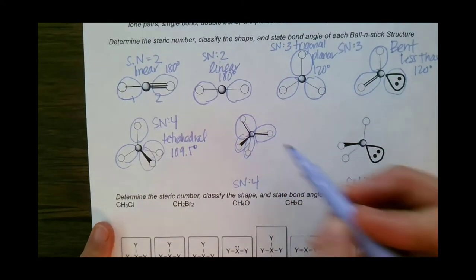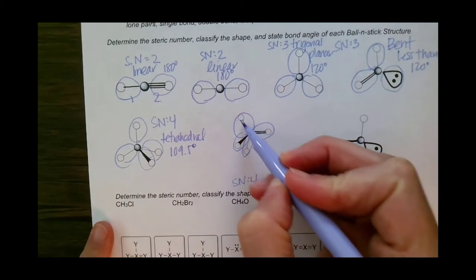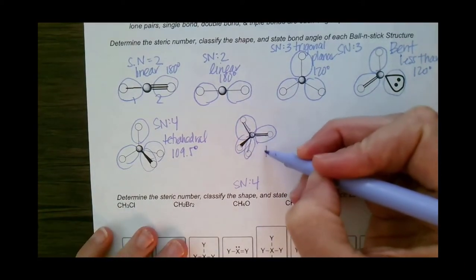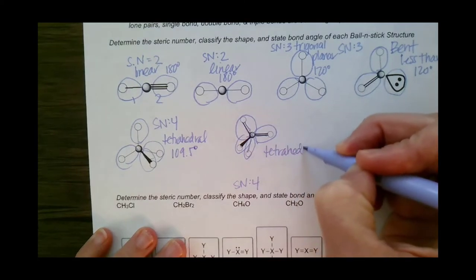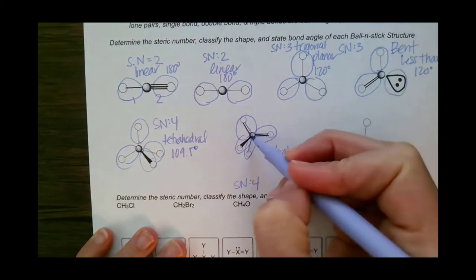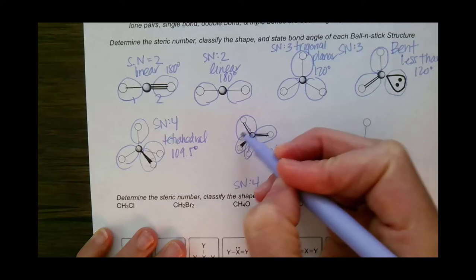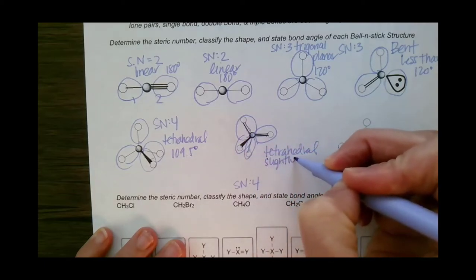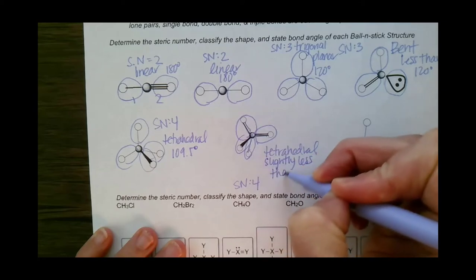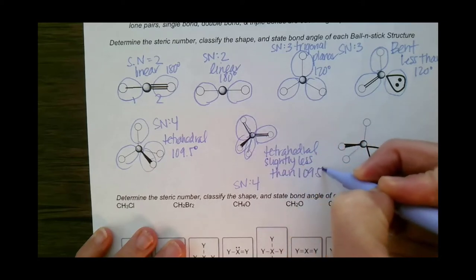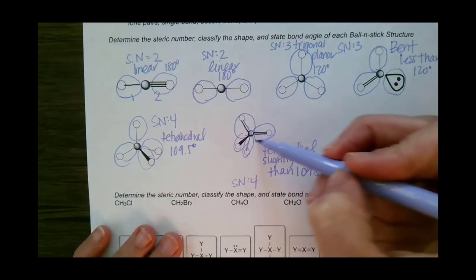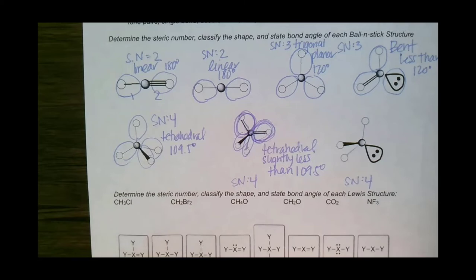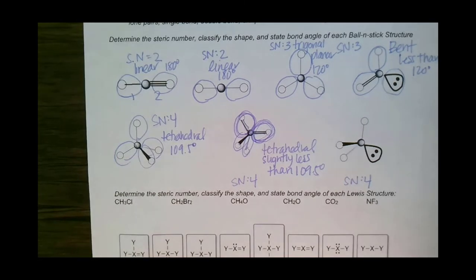Here I've got 4, but notice up here I've got double bonds. These 2 are single bonds. So it'll still be tetrahedral. But these double bonds are going to push our single bonds down. So we're going to say it's slightly less than 109.5 degrees, because these double bonds here are going to push those other ones, make them smaller.